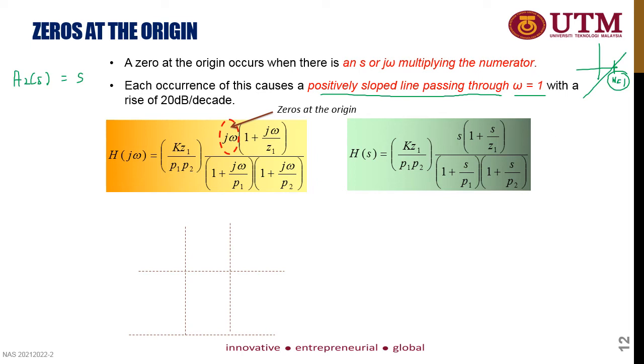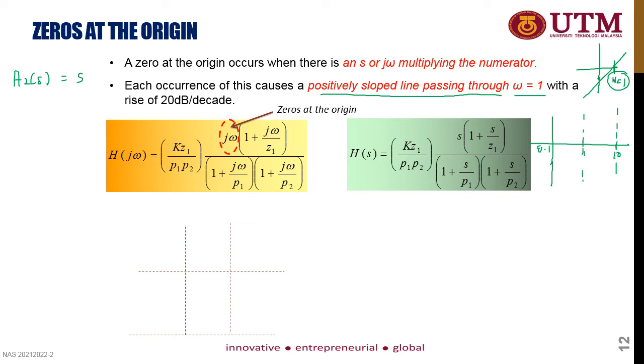Meaning that you have a graph something like this. For example, here is 0.1, then a decade, 1, 10, and so on. The line has a positive slope, so it's going up, crossing at 1.